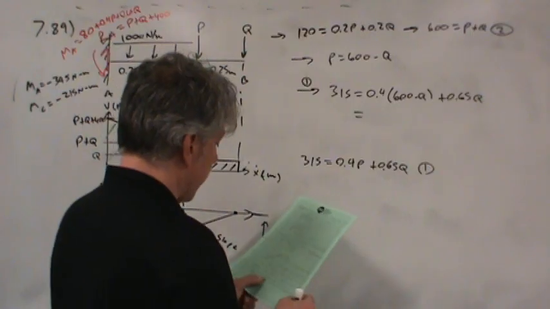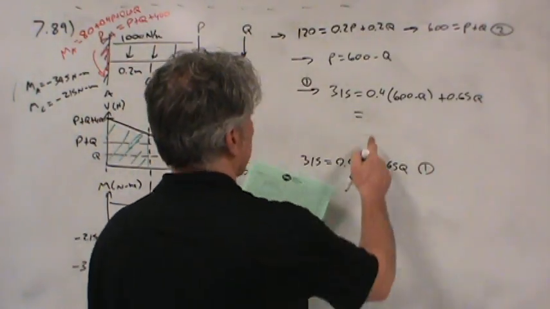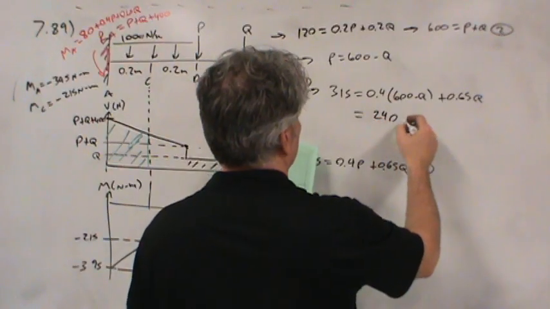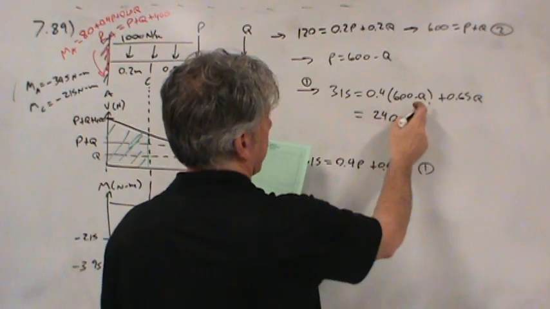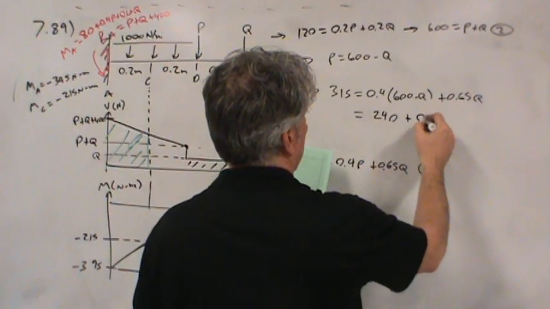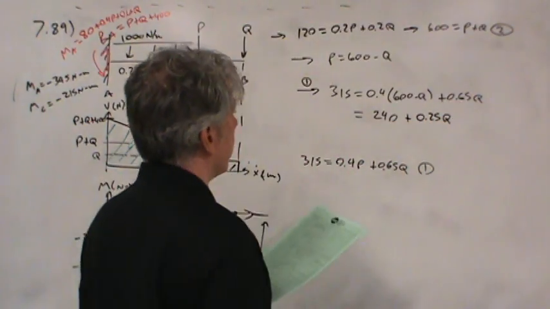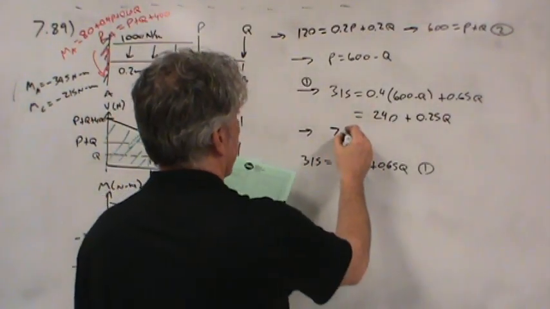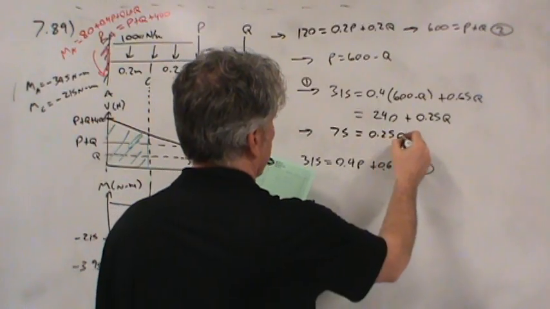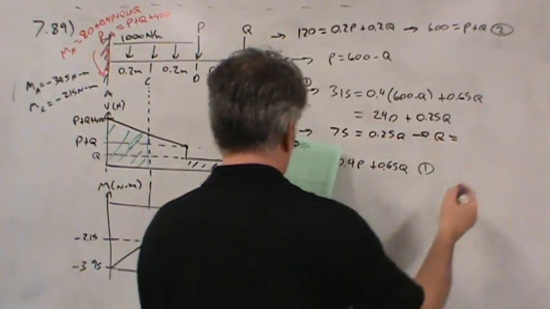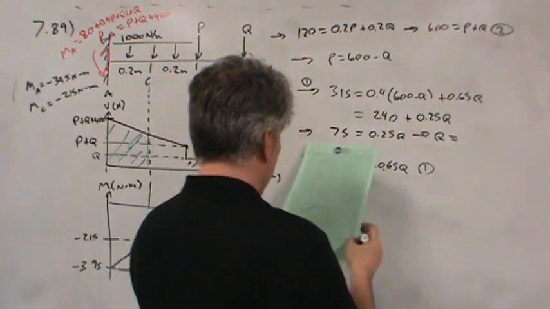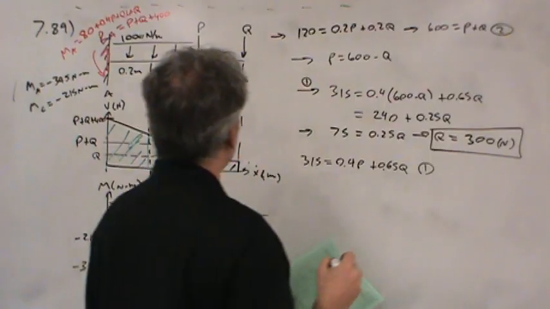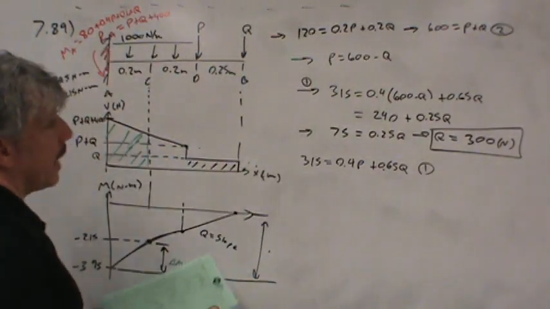So I went ahead and just typed the constants into my calculator. 40% of 600 is 240, and then I have minus 40% of Q plus 65%, so plus 0.25Q as a net effect. Take 240 away from 315, you get 75 equals 0.25Q, and so Q is 4 times 75, or 300 newtons.